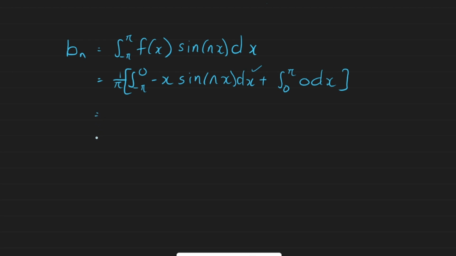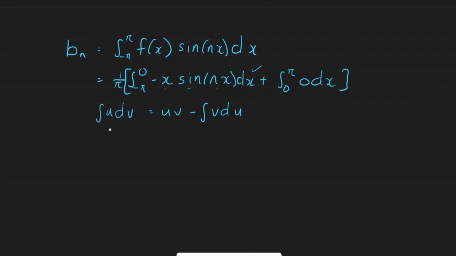We use integration by parts in the same manner. Let's write down that formula again: the integral of u dv equals uv minus the integral of v du. We'll differentiate x and integrate sine nx.